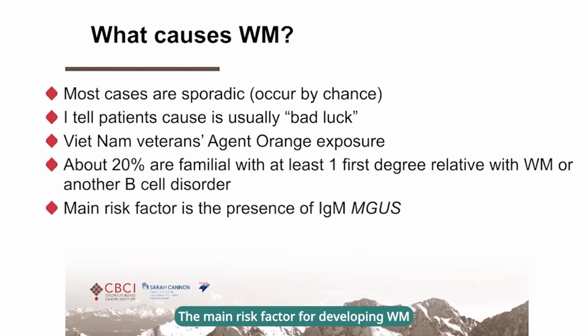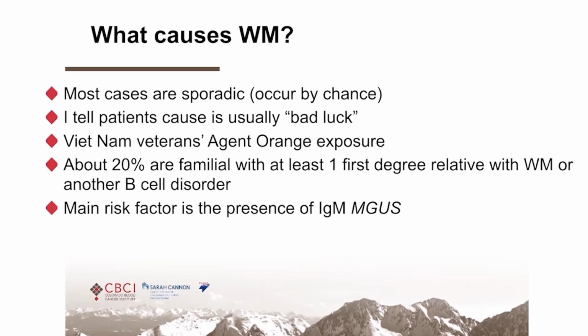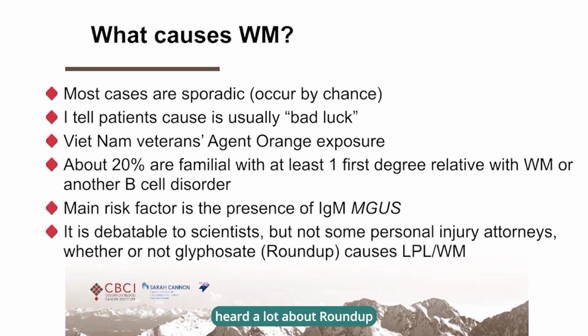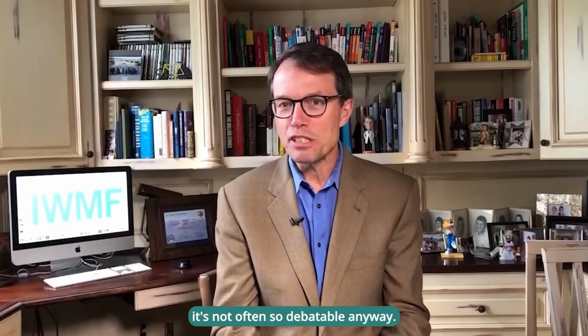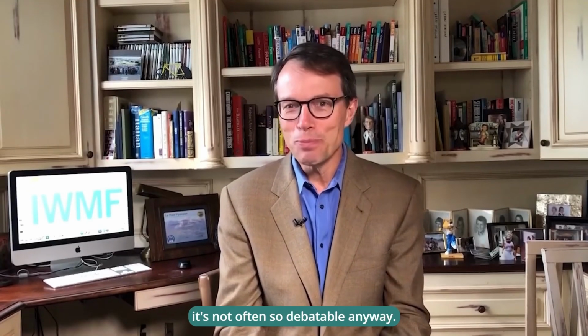The main risk factor for developing WM is having an antecedent or pre-existing IgM MGUS, and we'll talk about that in a few minutes. And these days, we've heard a lot about Roundup or glyphosate, and for scientists, it's debated whether or not there's a connection between the type of lymphoma that's present in WM, called LPL, and Roundup, but to plaintiffs' attorneys, it's not often so debatable. Anyway.